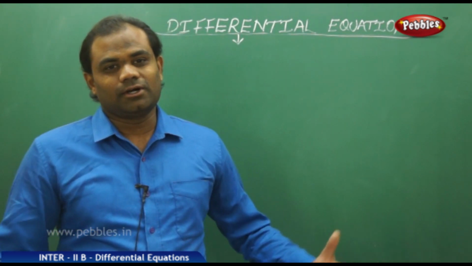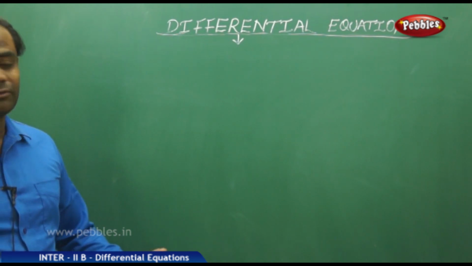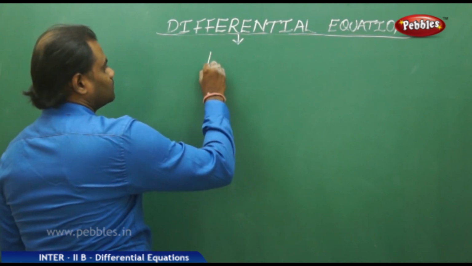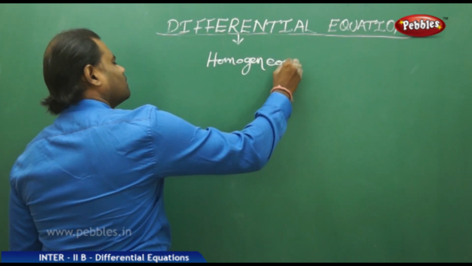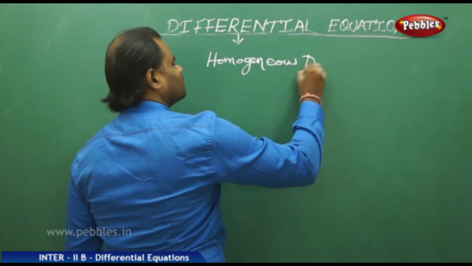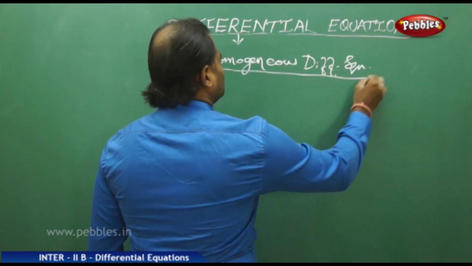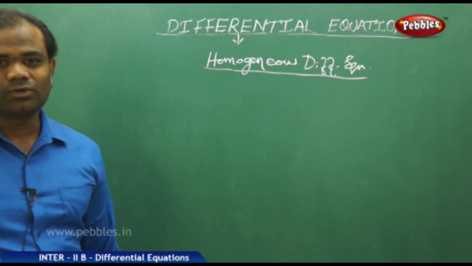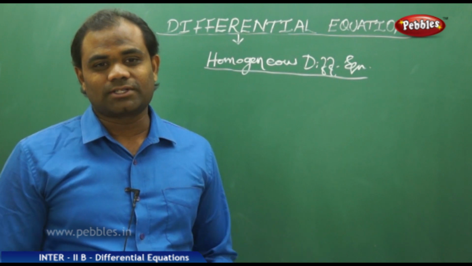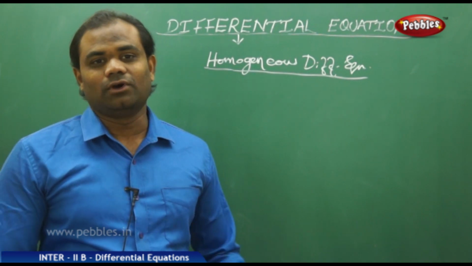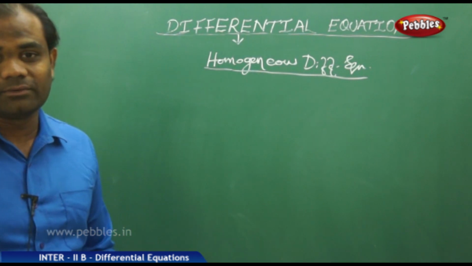The next concept connected with homogeneous function is the homogeneous differential equation. Now that we have discussed homogeneous function, a differential equation of first order and first degree which involves a homogeneous function is called a homogeneous differential equation.